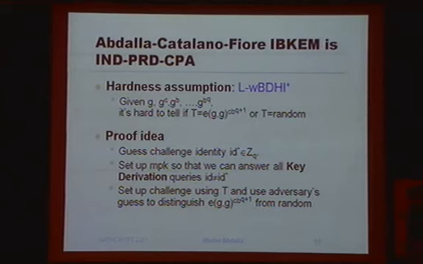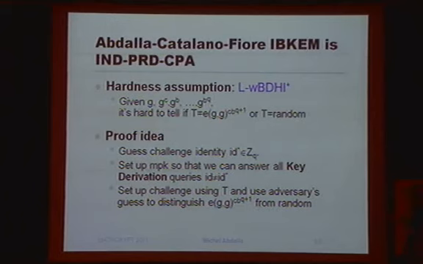So here we get g to the b, g to the q powers of b, g to the c, and g. And we have to check whether T is actually e(g, g) to the c times b^(q+1). And actually this assumption we didn't introduce; it was already used before to prove selective security of IBE schemes.